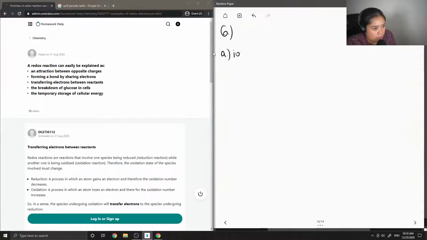So this is also known as ionic bonding. So it's not a redox reaction, since it's when we have opposite charges such as Na+ and Cl- forms an ionic bond.